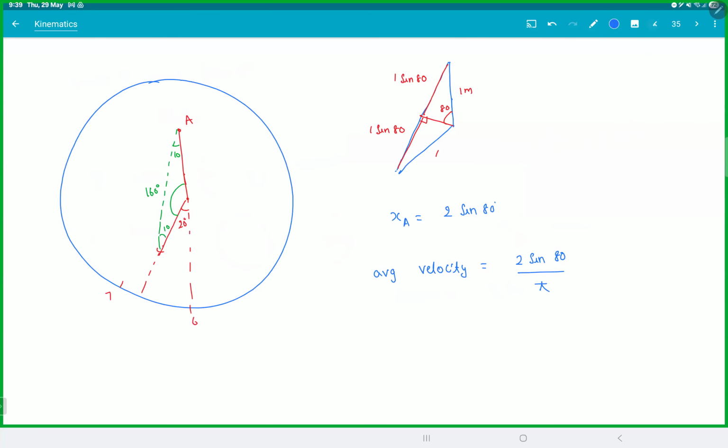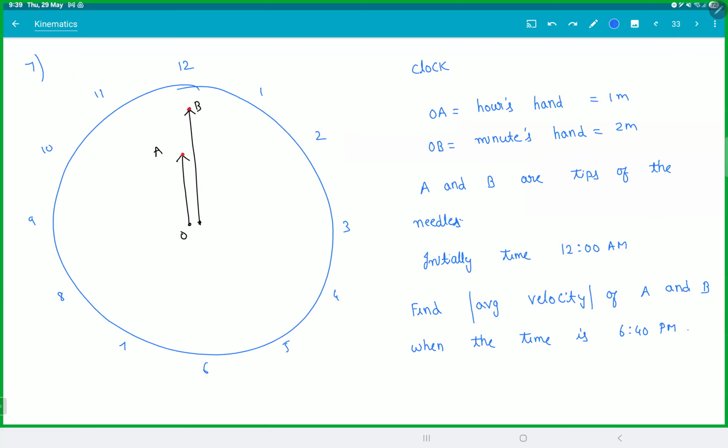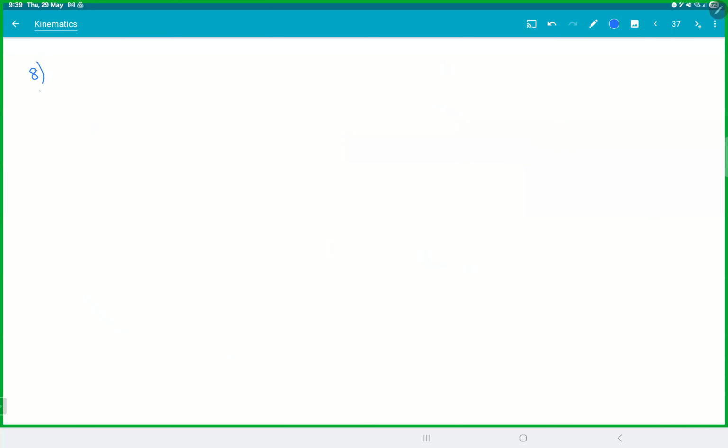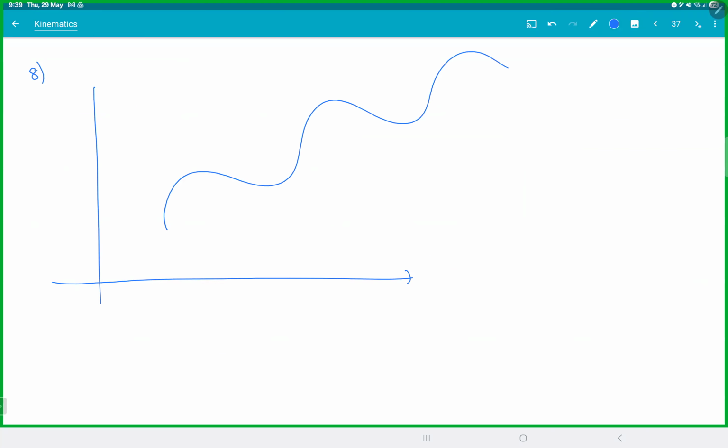So let's see a question on that. So we have a particle which is going something like this.